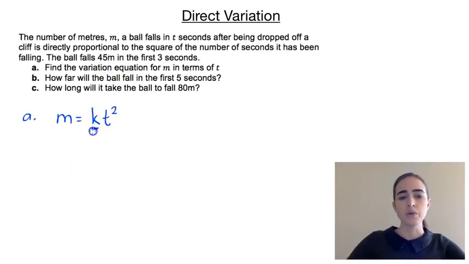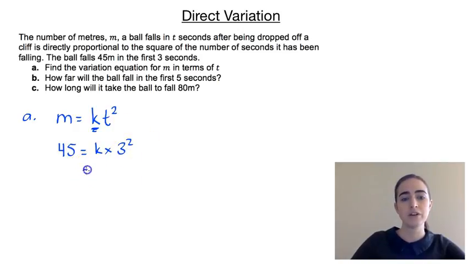So what we want to do is figure out what that k is. We want to know what that number is. So we're going to substitute in the values that we know. We know it falls 45 meters in the first 3 seconds. And then we can rearrange that equation to find the value of k. So we're going to have 45 equals k times 3 squared.